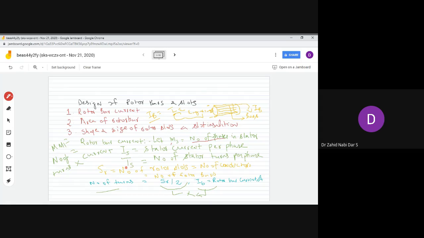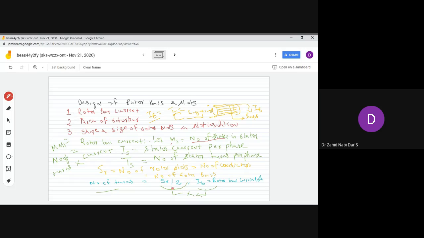The number of turns in the rotor is directly proportional to the number of slots. One conductor is equal to two slots, or one turn is equal to two conductors, so the number of turns would be SR by 2, and this is IB.